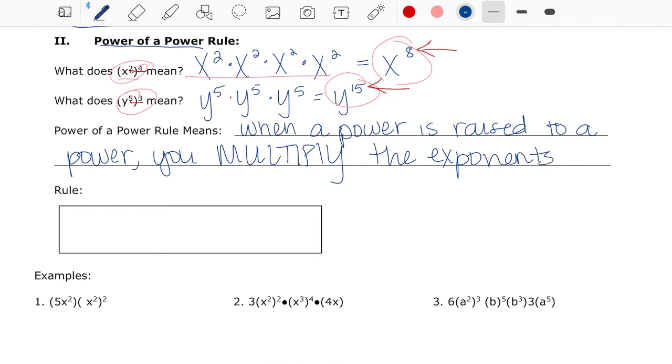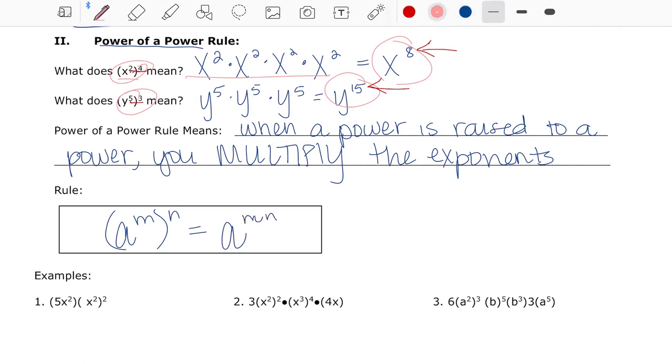Now the difference here than what we just looked at is this time I have an exponent actually raised to another exponent. So our algebraic rule is any base a raised to the power of m. If you take that and then raise it to a power of n, the simplified version is the same base of a to the power of m times n.